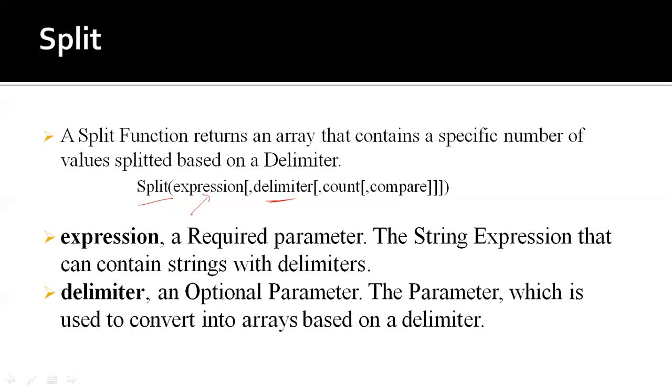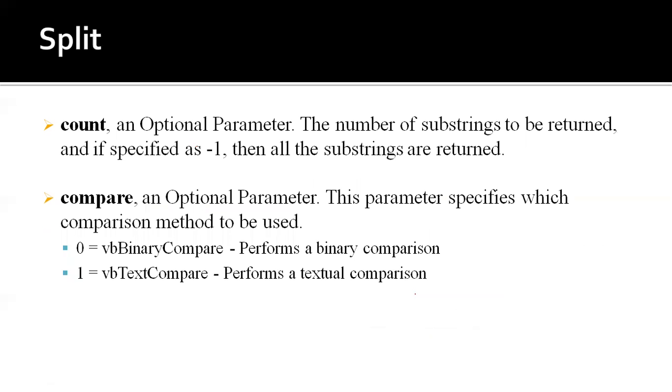Here the delimiter is used to convert the string into arrays based on a delimiter. It can be a character or operator or any specific symbol. Then count is an optional parameter.